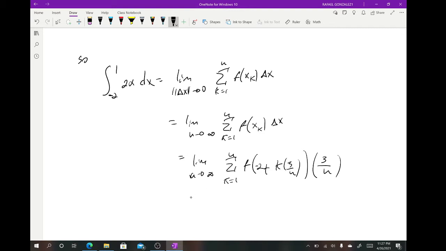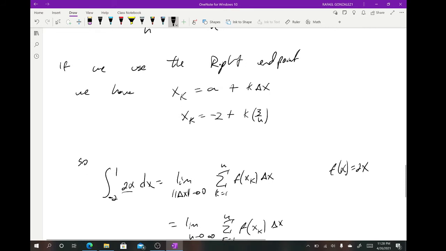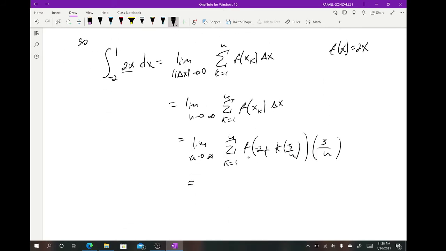All right, so what do we have here? Well, what was f? If you remember, which you probably don't, f was equal to 2x. That's the value given right here. So if I'm evaluating f of -2 plus 3k over n, then what I really have is the limit as n goes to infinity of the sum of k equals 1 to n of 2 times what the input is.